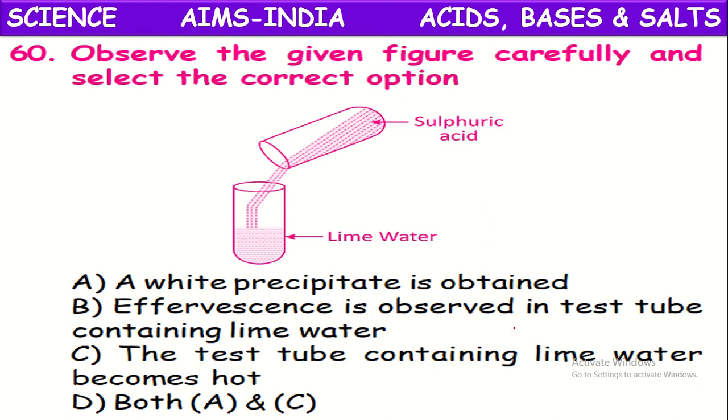Effervescence is observed in the test tube containing lime water. When sulphuric acid is added to lime water, they form calcium sulfate and water, and a gas is evolved. So this is the correct answer. Effervescence is observed because of the evolution of a certain gas.